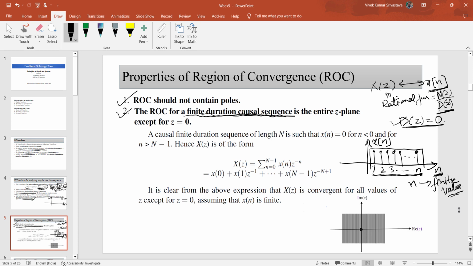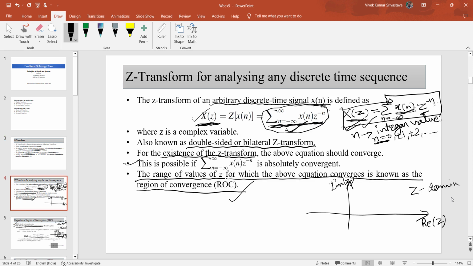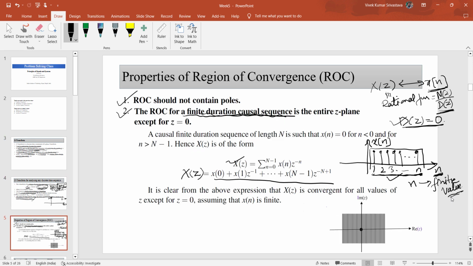For this kind of sequence, once you evaluate the z transform, you obtain x of 0 plus x of 1 z raised to the power minus 1 plus and so on up to x of n minus 1 z raised to the power minus (n minus 1). By using this expression we evaluate the z transform of this finite duration causal sequence.